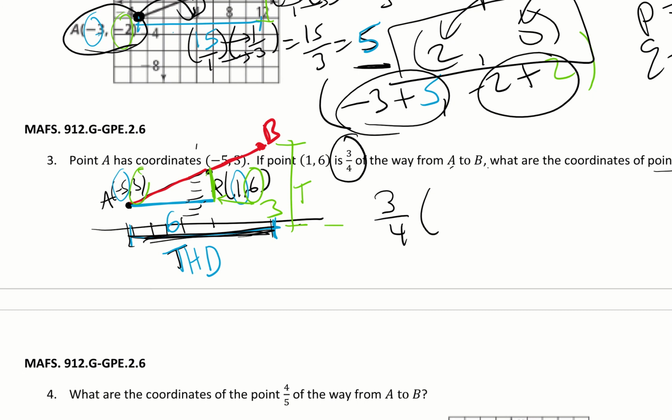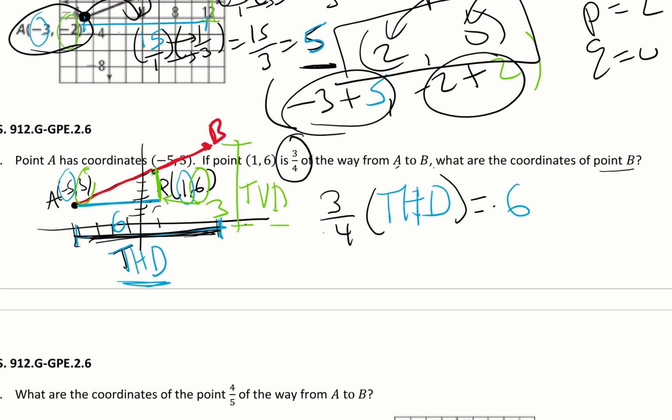I apologize. And this green one is the vertical distance, so we'll call that total vertical distance. Now 3/4 of this big one is equal to the small one.